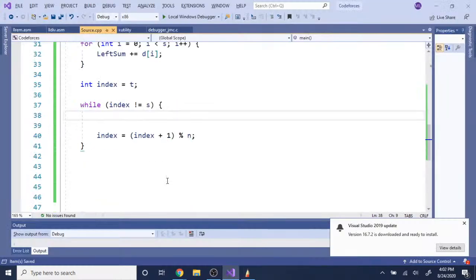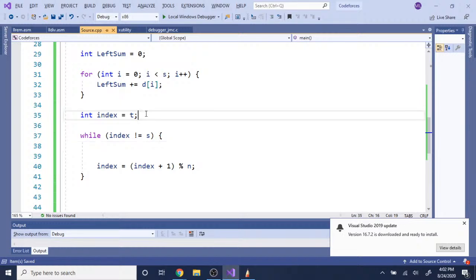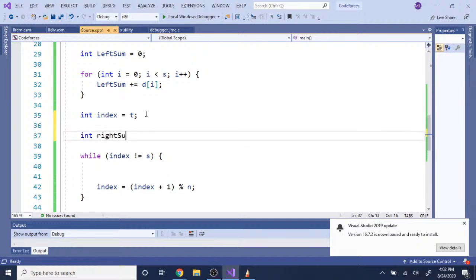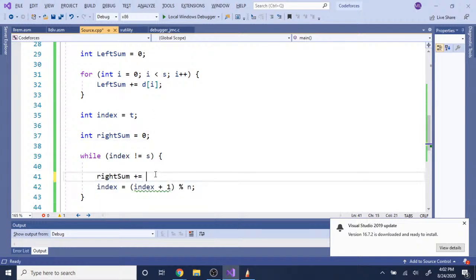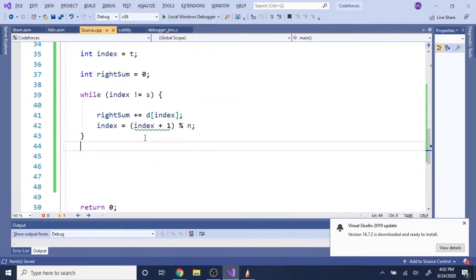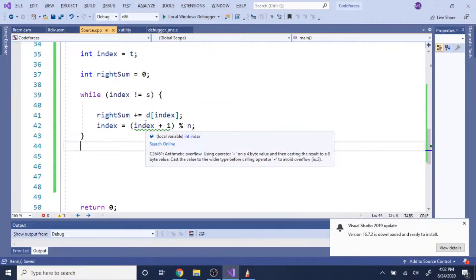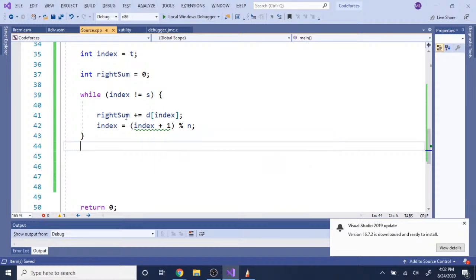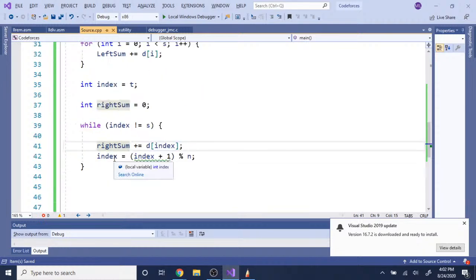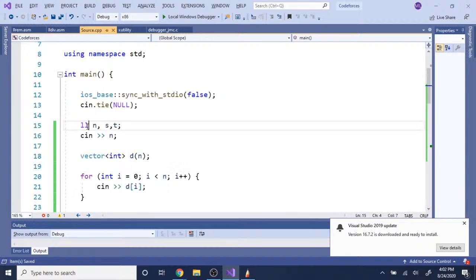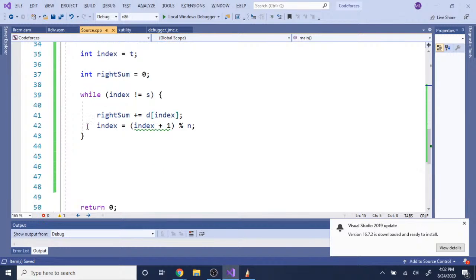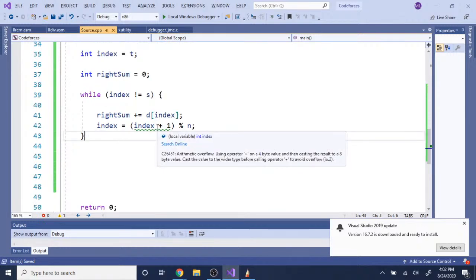And then we're going to do right sum plus equal to d at index. Okay. Why can't I do this? Overflow. Index is equal to t though. T is long. Okay, let's make t an int. Now it shouldn't overflow.